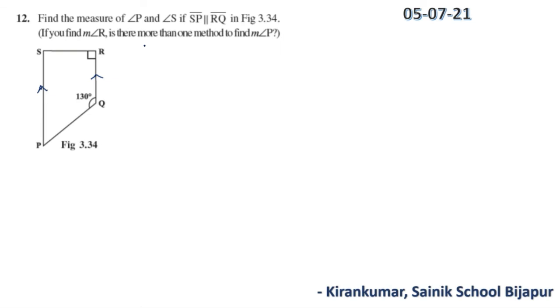Here, angle P plus 130 degrees will be equal to 180 degree because they are the co-interior angles. Since SP is parallel to RQ, we have angle P plus angle Q equal to 180 degree.